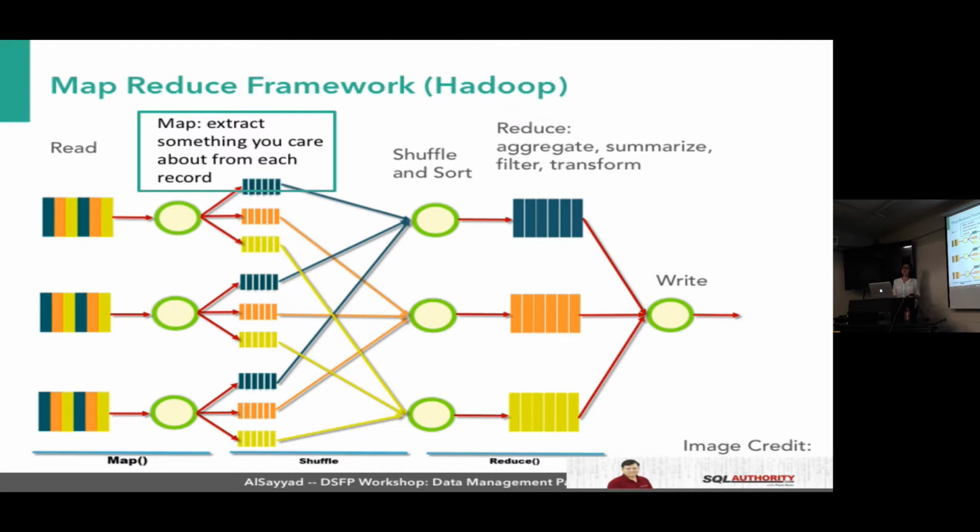All you have to do is write a map function, something to extract something interesting from each record, and this reduce function, which is, once you have grouped all of these records that you're interested in, how to summarize them or aggregate them, filter, or transform them.